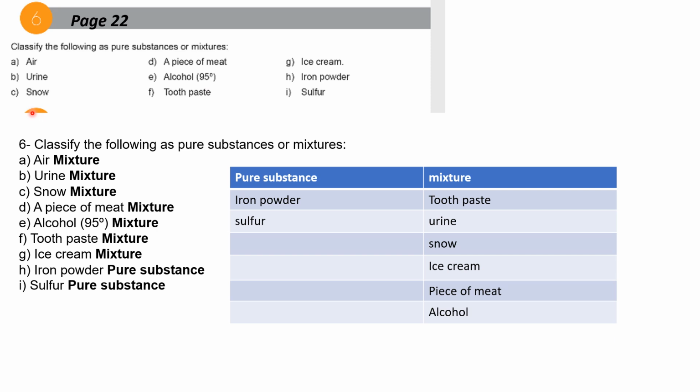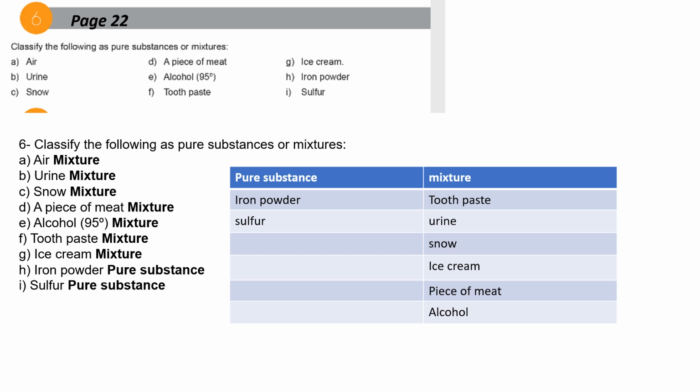Snow is made up of tiny icy crystals and air, so it is a mixture. Part D, a piece of meat. Meat is made up of different components, including water and the protein. So it's made up of water and the protein mainly. So it's a mixture, it's not a pure substance.